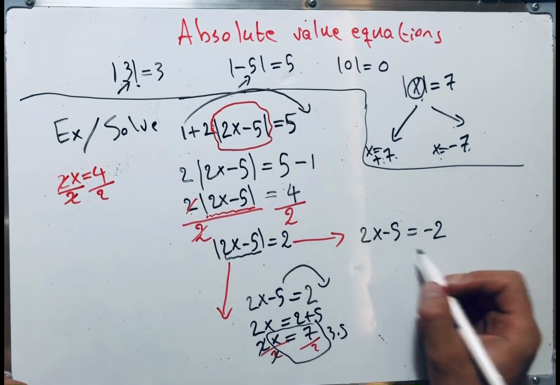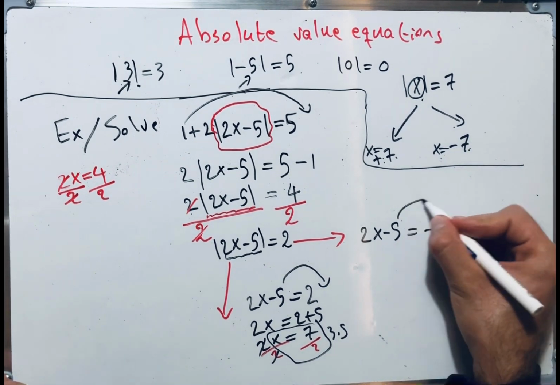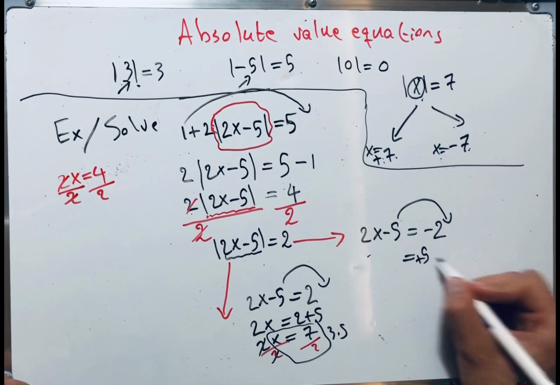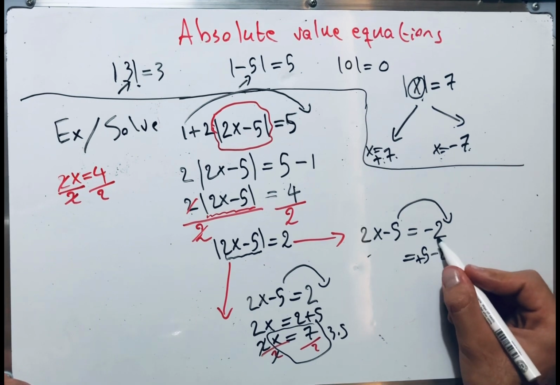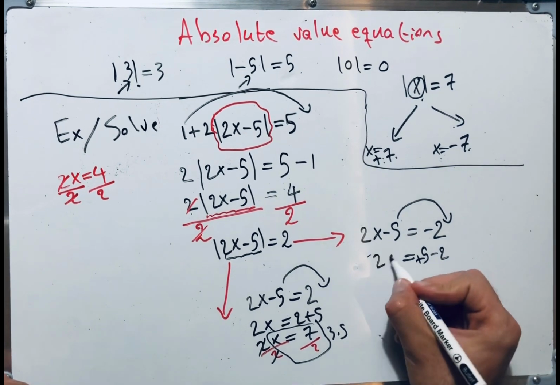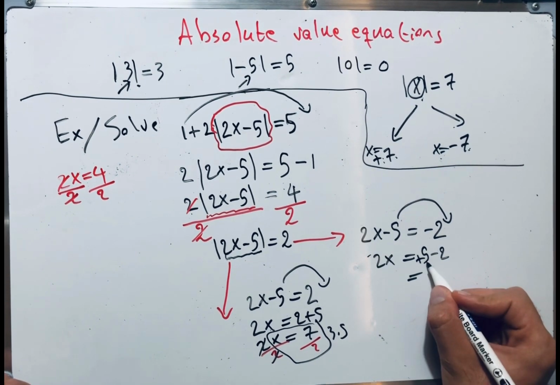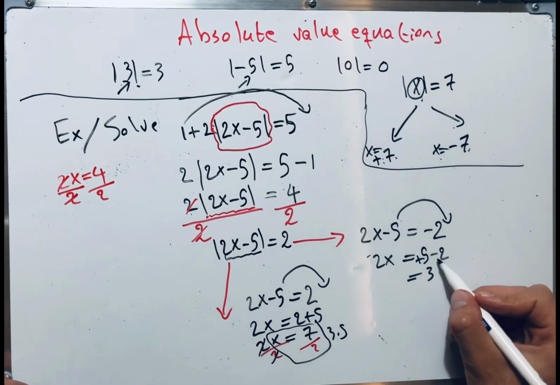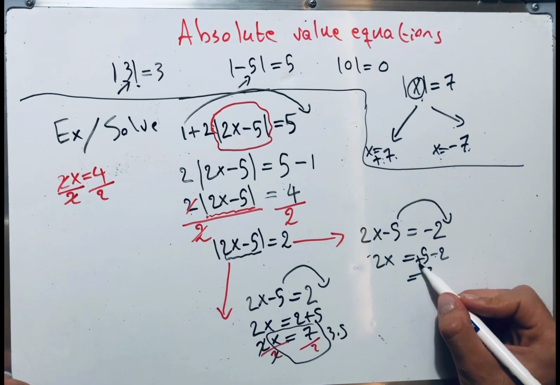For the other value, we're going to solve this one. Again, move -5 to the other side, it becomes +5, and then don't forget about the -2. So 2x is equal to 5 minus 2, which is obviously 3. Why? Because they have different signs, so we subtract 2 from 5 to get 3.